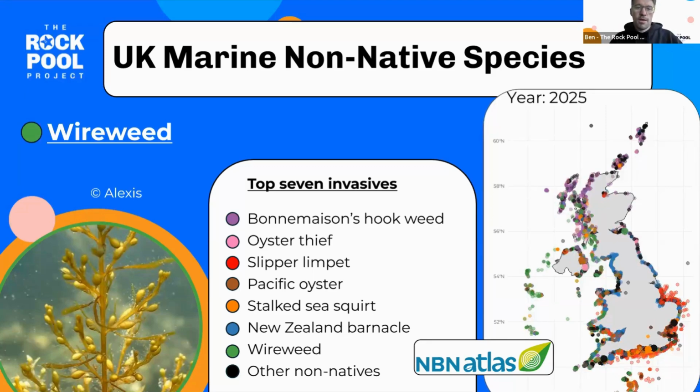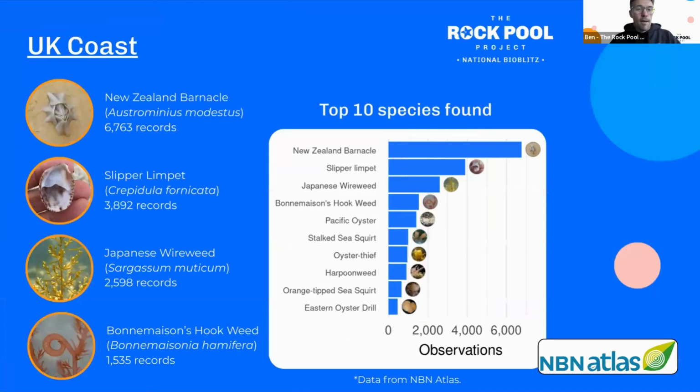And actually, some of the New Zealand barnacle and wireweed, which are 2 of the later arriving ones, actually end up being 2 of the most well-recorded non-native species in the country. So even though they arrived late, they've made up for it and really spread around the country pretty quickly.